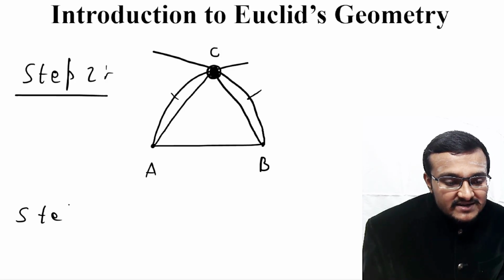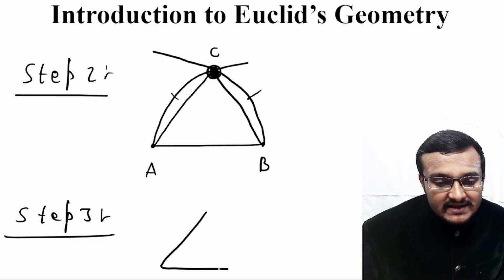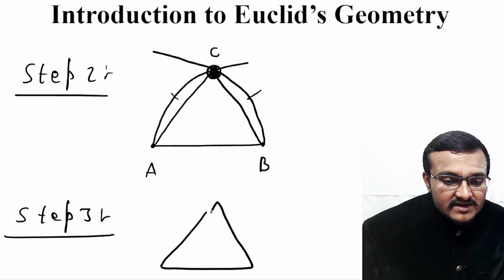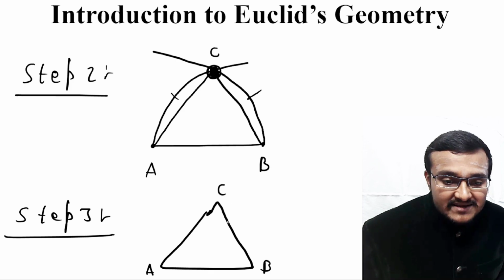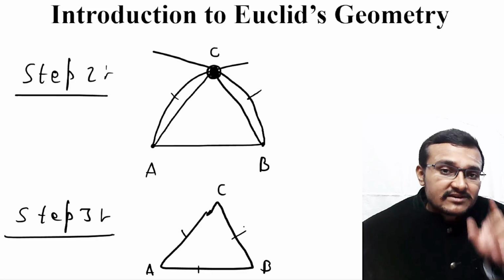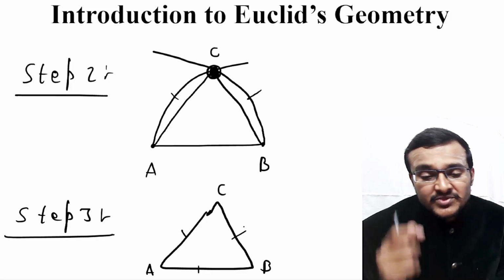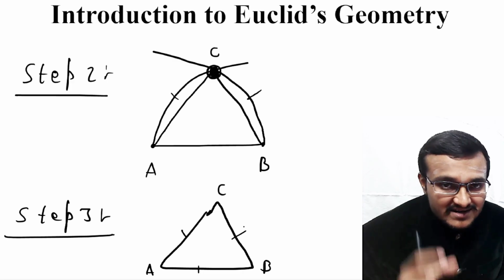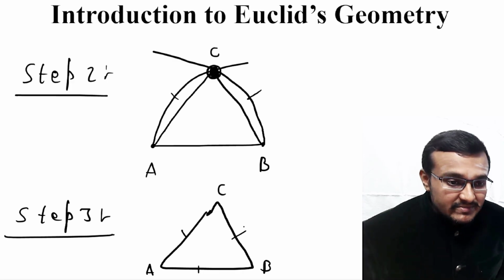So when you erase that, in step 3, if you remove those curved lines, you will get one triangle like this, which is A, B and C, and here AB will be equal to BC, which will be equal to CA. That means all three sides will be equal to each other. This is how you can draw an equilateral triangle using one particular line segment, that is AB.